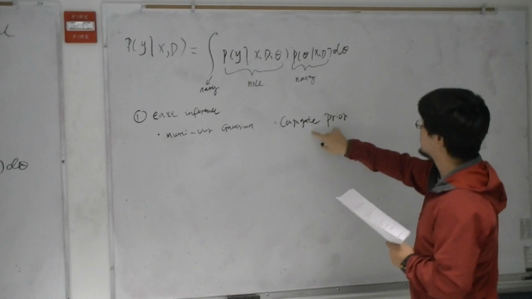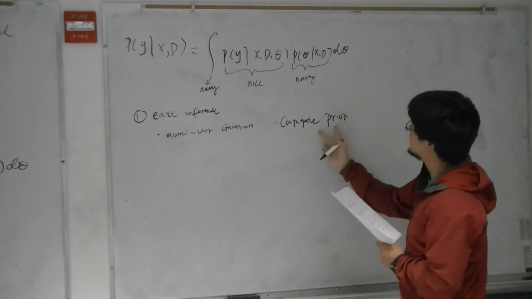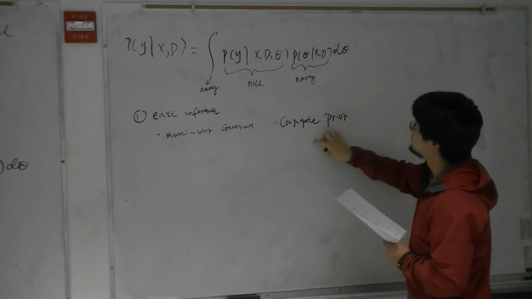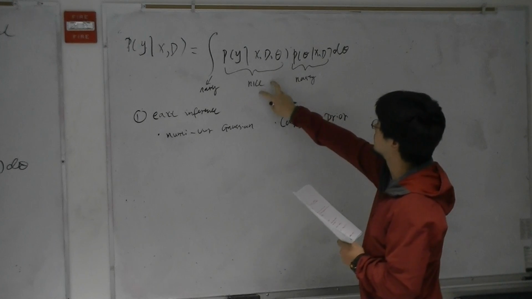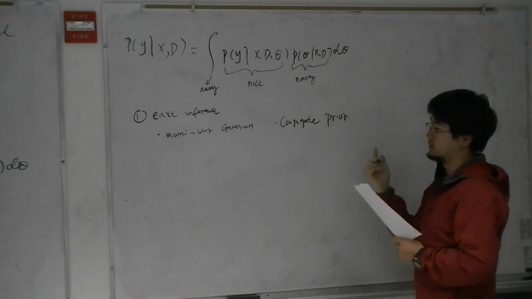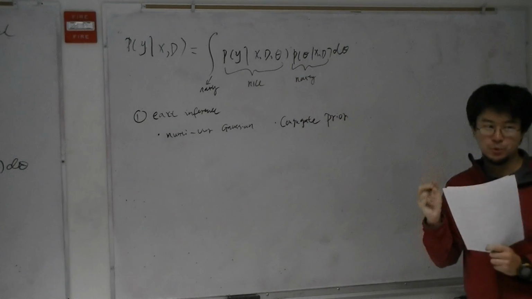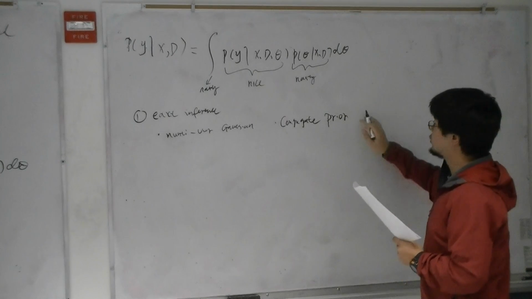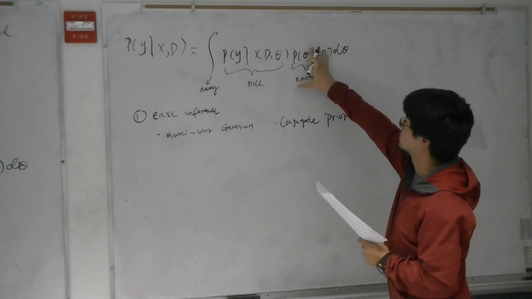A conjugate prior means if you choose a prior for the likelihood term, the product of these two terms gives you back the same distribution in the form of the prior. So you choose this to simplify this term.